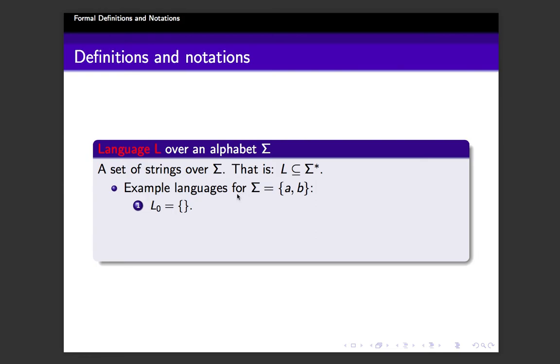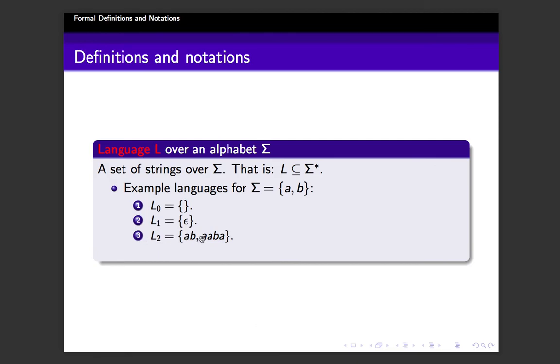Examples. Suppose the alphabet set is {A, B}. Then I am saying that L0, that is the null set, is a language. Is that correct? Yes, because the null set is a subset of sigma star. Now, L1, which is the set {epsilon}, the language with only one string, the empty string, is again a language because it is a subset of sigma star.